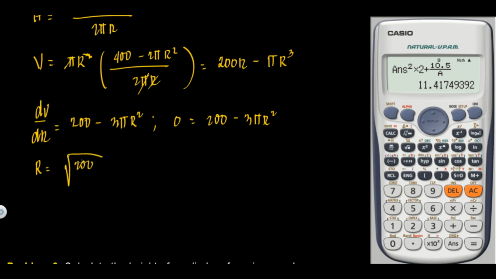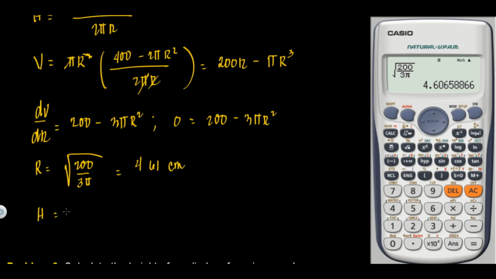Okay, 200 over 3 pi. So, r is the square root of 200 over 3 pi, which is 4.61 cm. So, for the dimensions, we still need h.